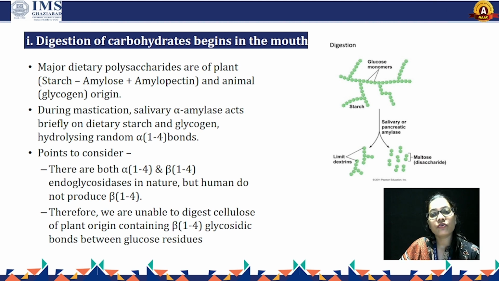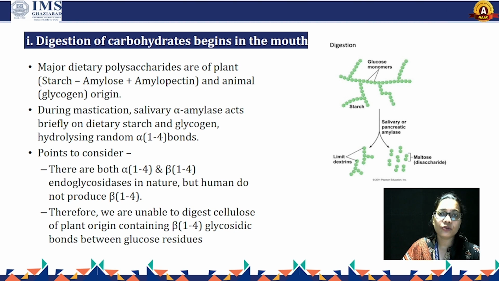So the left over part is transferred to the stomach via the esophagus, and then to the small intestine, and that particular part is termed the chyme. There are 2 points we have to remember here. In carbohydrates we have both alpha 1,4 linkage and beta 1,4 linkage, which are endoglycosidases in nature, but humans do not produce beta 1,4 enzyme.